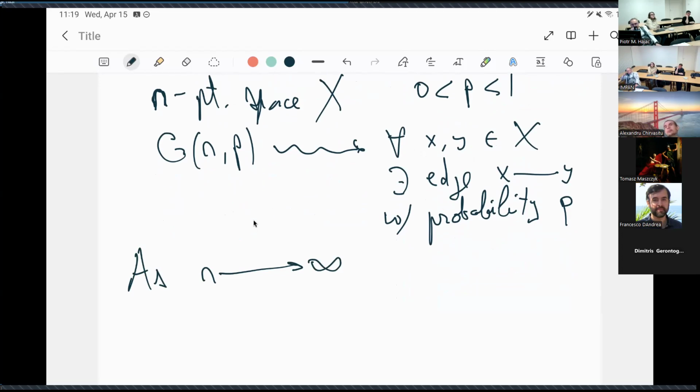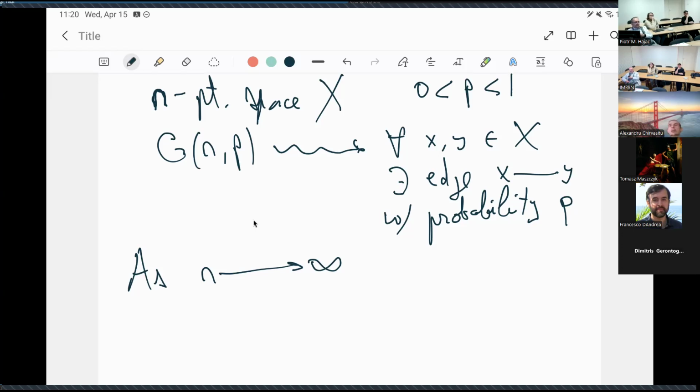You might keep your p constant. You might let it vary with n in all sorts of regimes. You might bound it by log n. You might bound it by all manner of things. And you study the asymptotic behavior of these graphs. What is likely to happen with high probability as your parameter n increases?